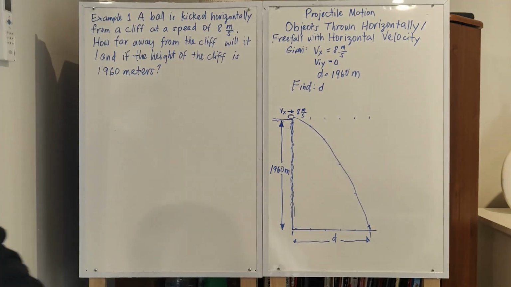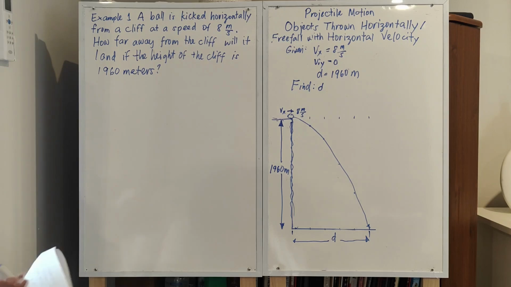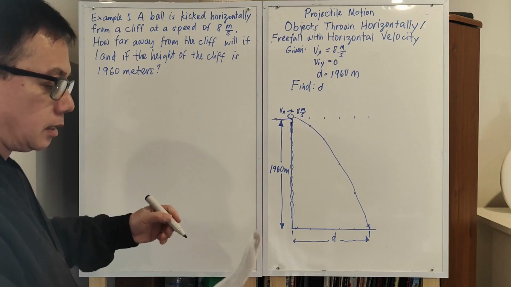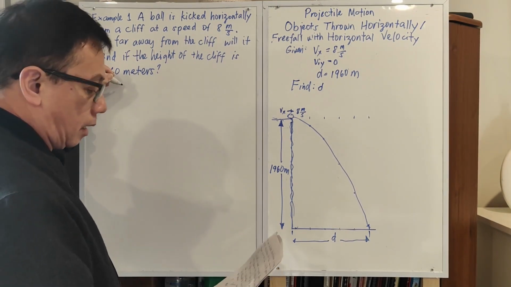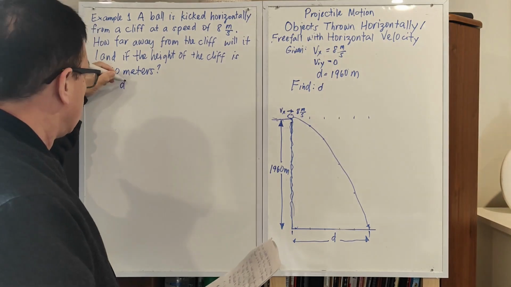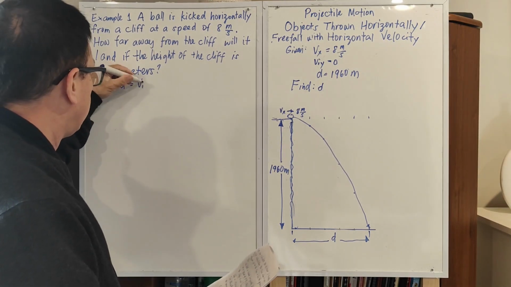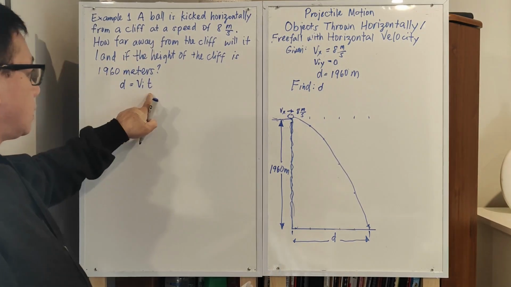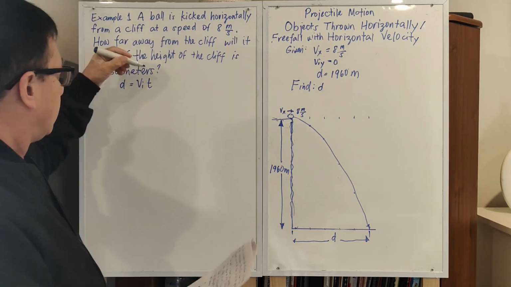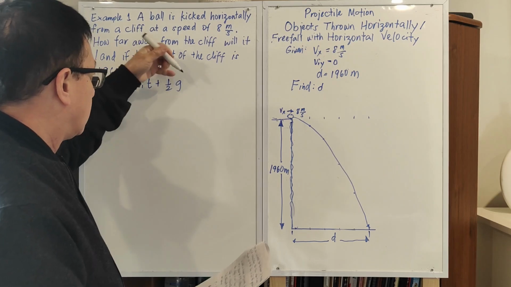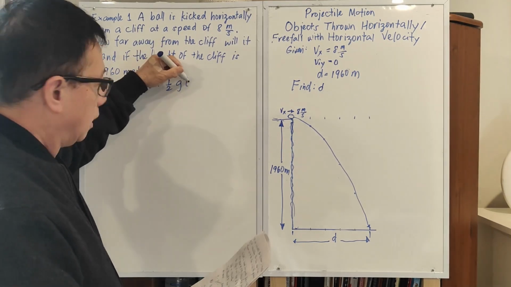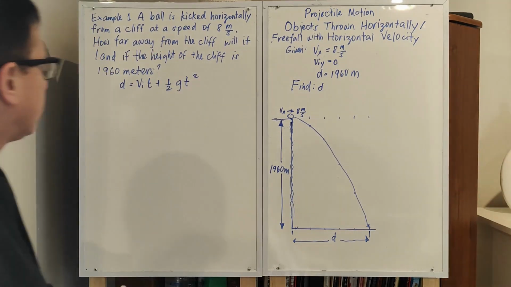Now, the formula from my previous video for the distance given the velocity, acceleration and time is d is equal to initial velocity times time plus 1/2 acceleration due to gravity times time squared.